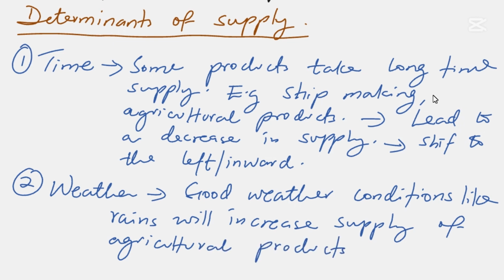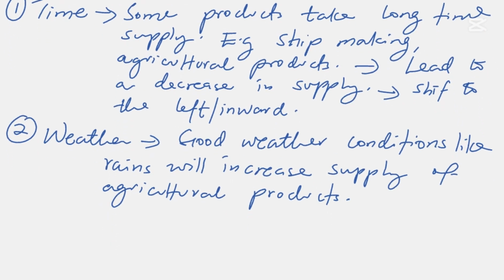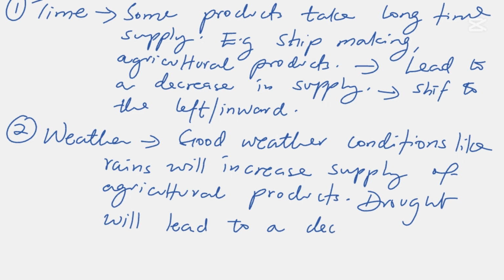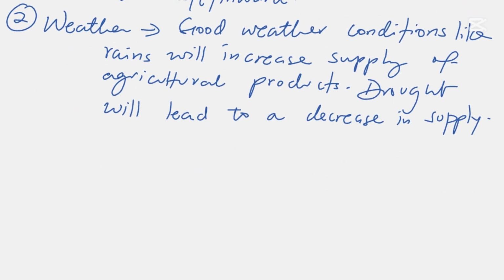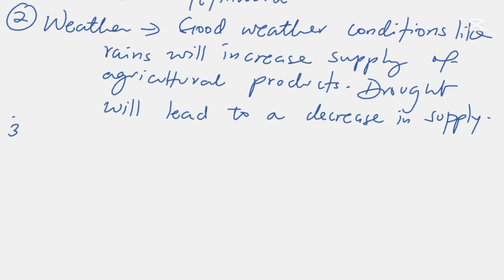Conversely, in case we experience droughts, we shall have a decrease in supply of that specific agricultural product. One is time, the other one is weather, and they are related in some way. Each factor will either increase supply or decrease supply.